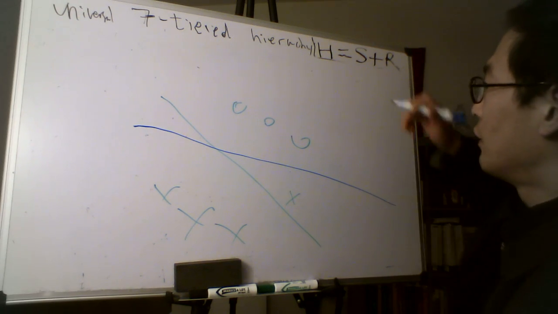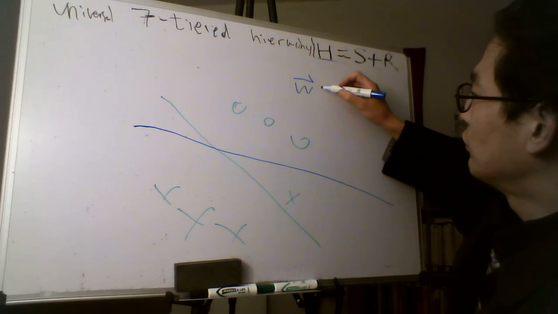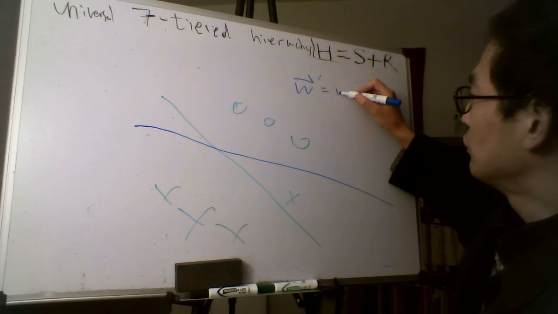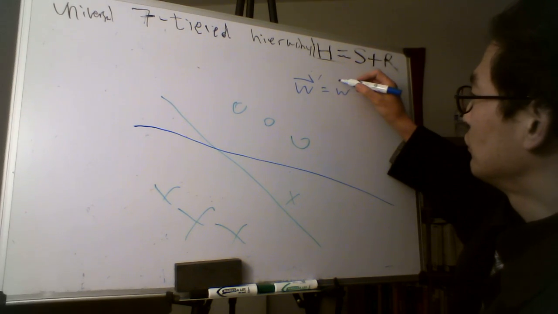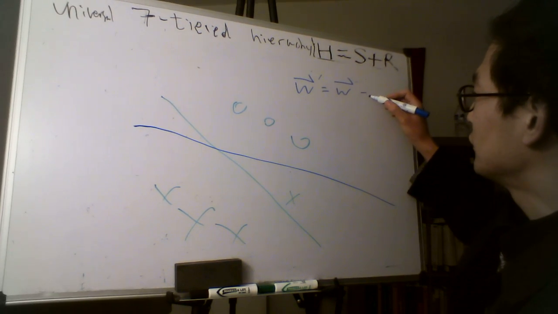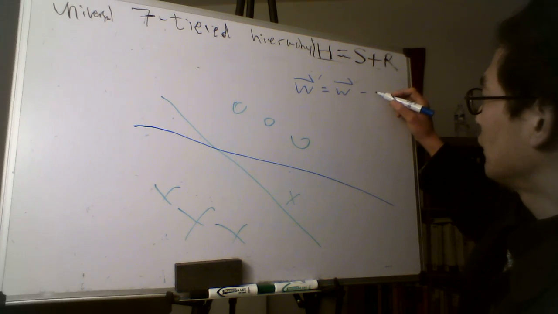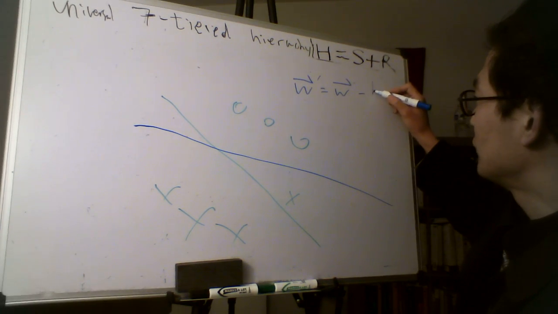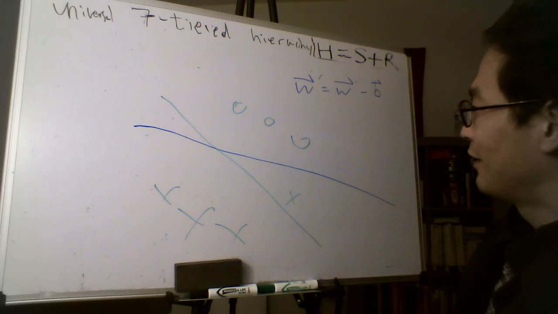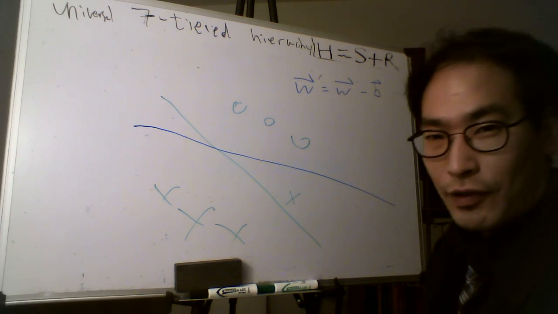So W prime, the brand new weight vector, is equal to W, the original weight vector, minus this bad guy. That's one half of the story.